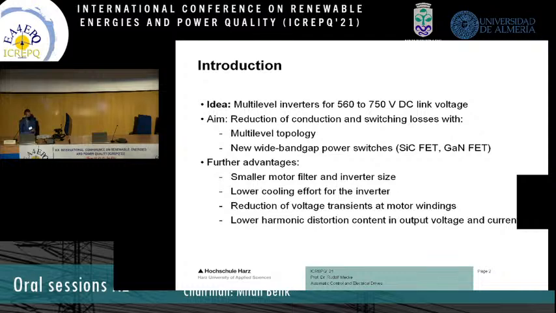And the aim is improvement of the efficiency by using new wide bandgap switches. Moreover, multi-level inverters could have further advantages, for instance, smaller motor filters and inverter size, lower voltage transients at the motor windings, and so on.